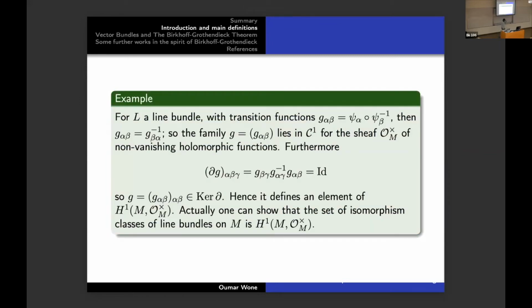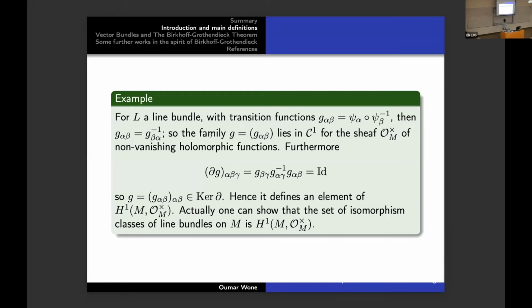Now an example: if we take a line bundle with transition functions g_alphabeta given by psi_alpha composed with psi_beta^-1, then we have g_alphabeta equals g_betaalpha to the power minus 1.